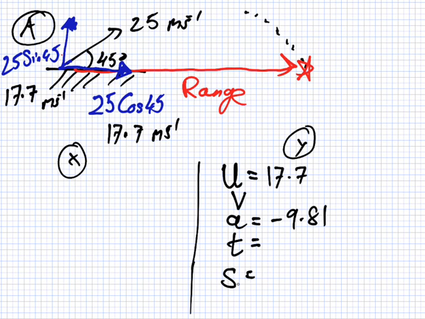You do know it. Nobody can tell me what the s is. It's 0. It's displacement, and at the end, it's on the ground, so it has no vertical height.